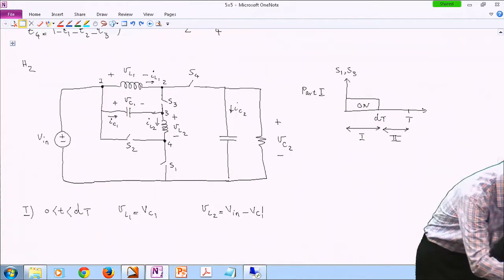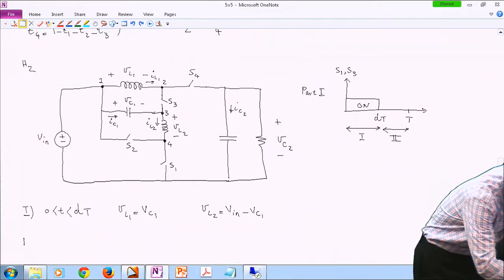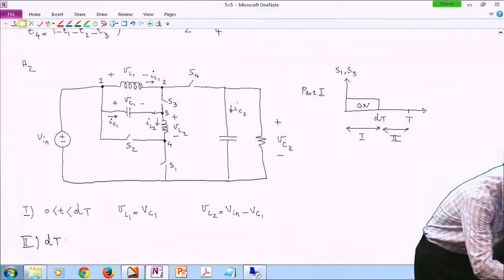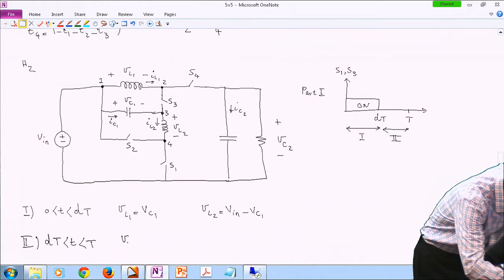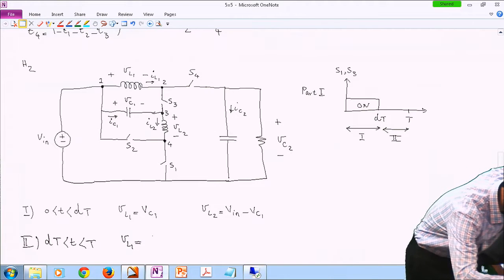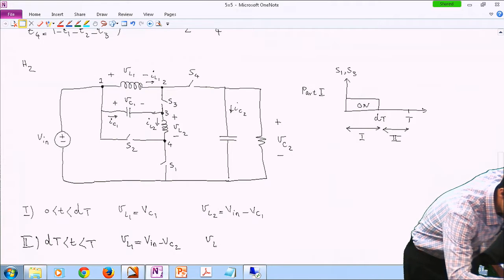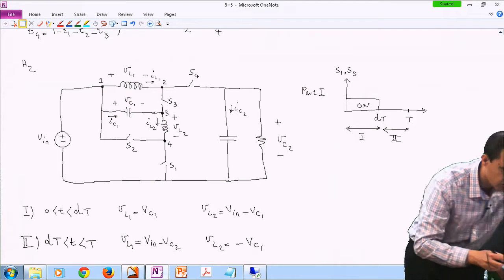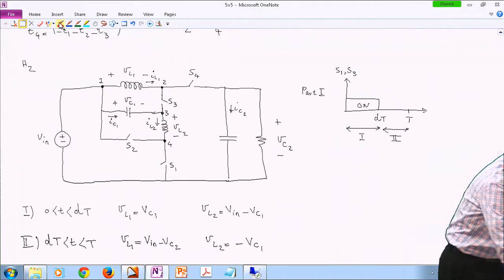So let's look at mode 2. Duration of the mode. Let me write it first. VL1 turns out to be Vin minus VC2. And VL2 turns out to be negative VC1. Okay, now let's take a look and see what's happening.